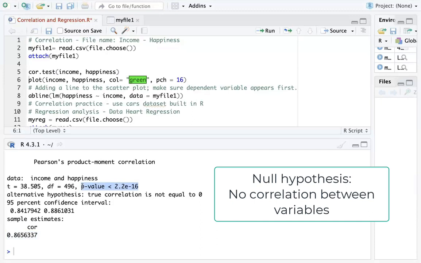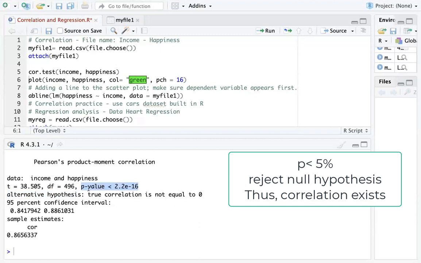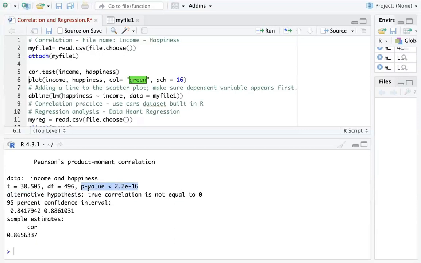RStudio has automatically developed this: if your null hypothesis is that there is no correlation between income and happiness, then the alternative hypothesis would be that the true correlation is not equal to 0, which means there is some correlation between them. And whenever the p-value is less than 5%, then we reject the null hypothesis. And the null hypothesis again was that there is no relationship between income and happiness level.